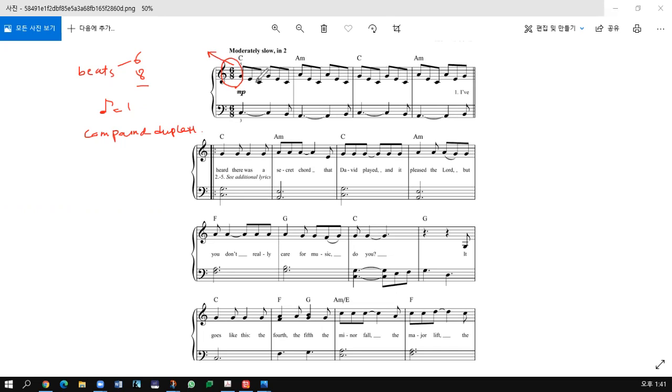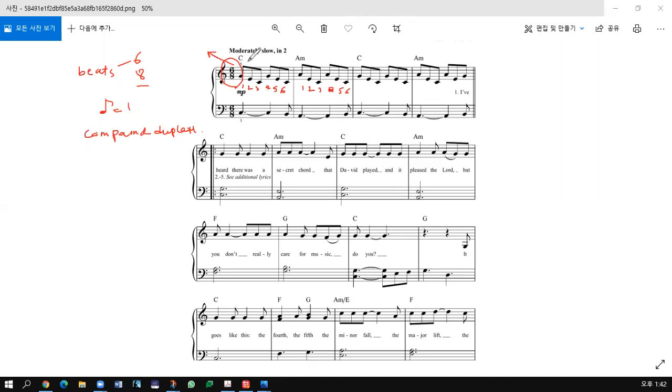Now let's look at that. So we have 6 beats in each measure. This is eighth note, 1, 2, 3, 4, 5, 6, right? Okay, so 6 beats in each measure, and then the eighth note gets 1 beat. So in each measure, you could find 6 beats, okay?